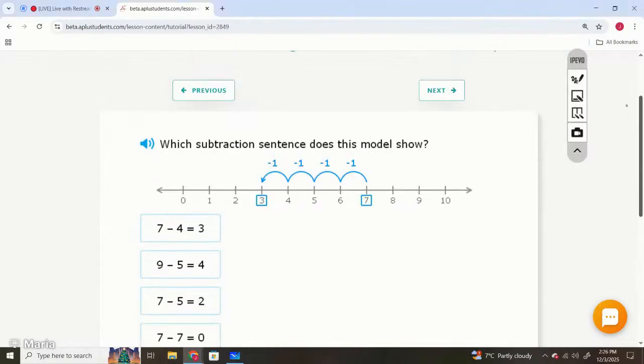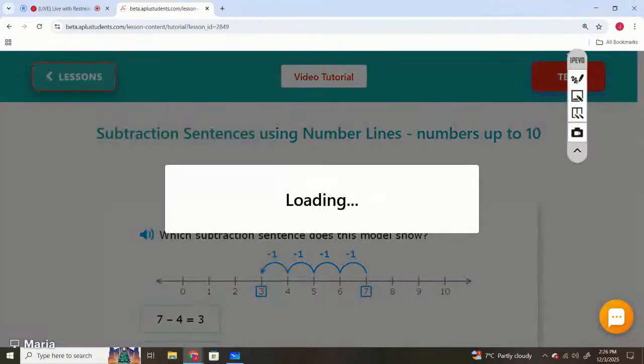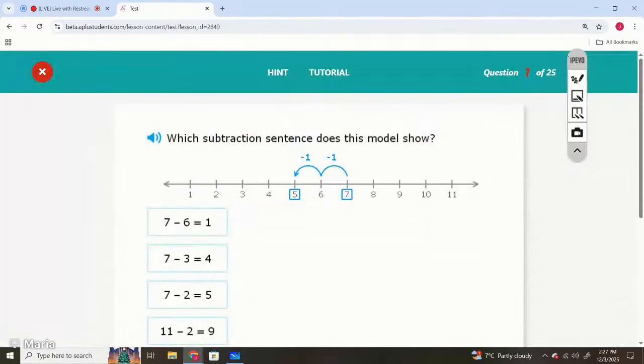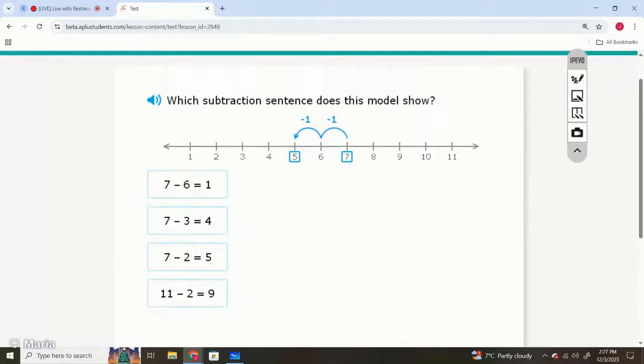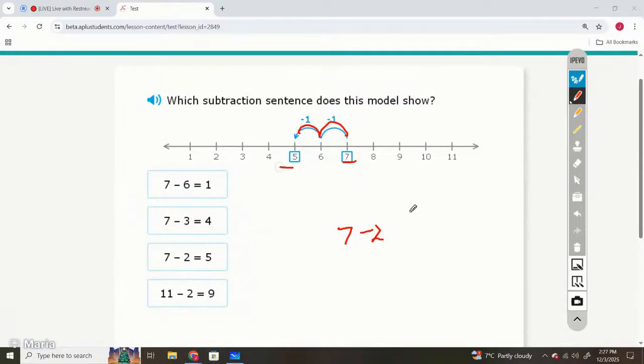So let's just start with the test questions, right? Okay, so start with the greater number. The greater number is 7. So how many times you go back? 1, 2. So that is 7 take away 2, you end up on 5.